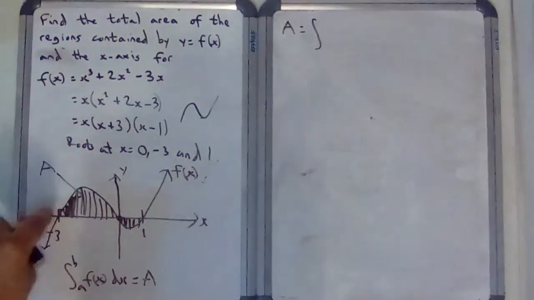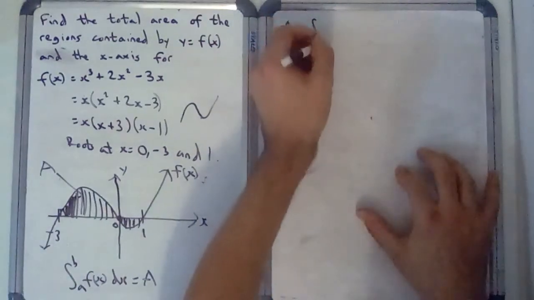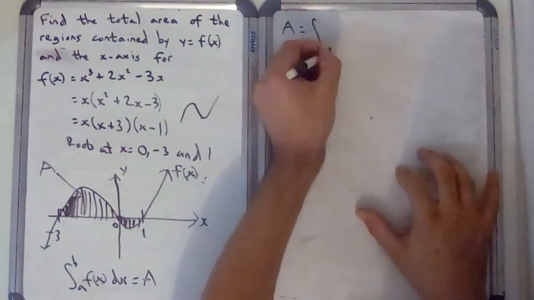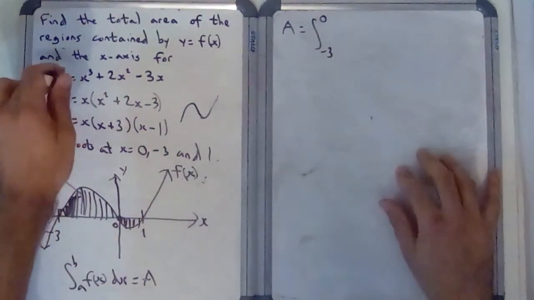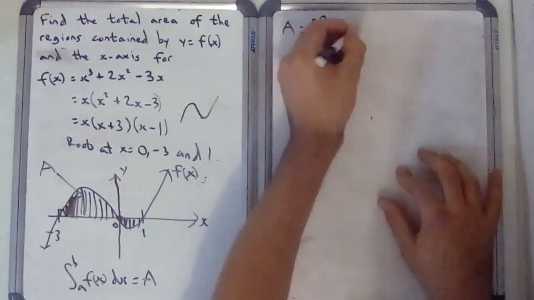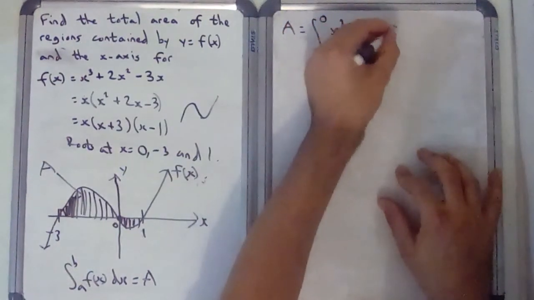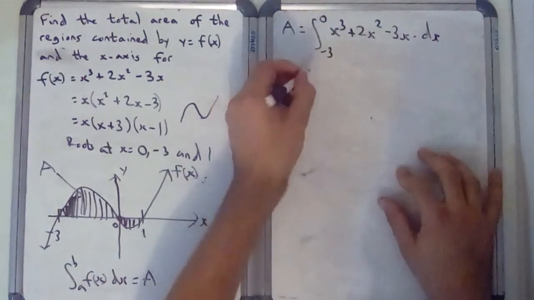So the first bit, no problem, nice and positive. So this is 0. So the integral from minus 3 to 0 of f of x dx, so x cubed plus 2x squared minus 3x with respect to x, minus the integral.